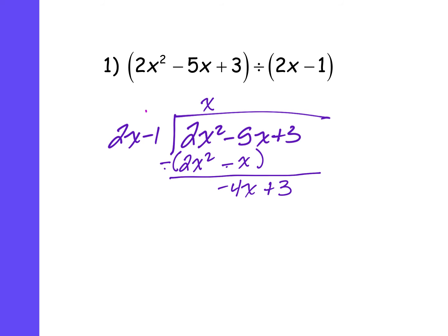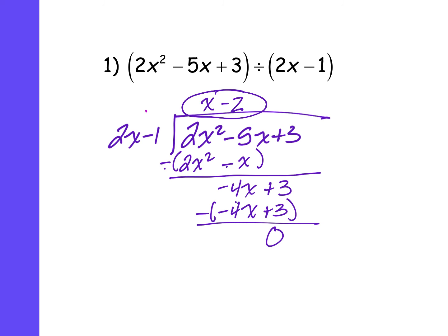Negative 2, beautiful. And negative 2 times 2x is negative 4x, and negative 2 times negative 1 is positive 2. So when I subtract those, I get a remainder of 1. So my answer is x minus 2.